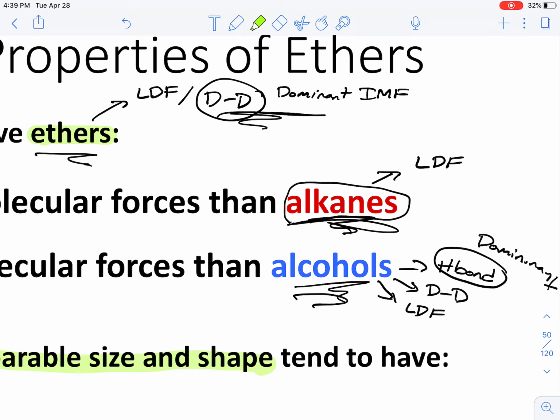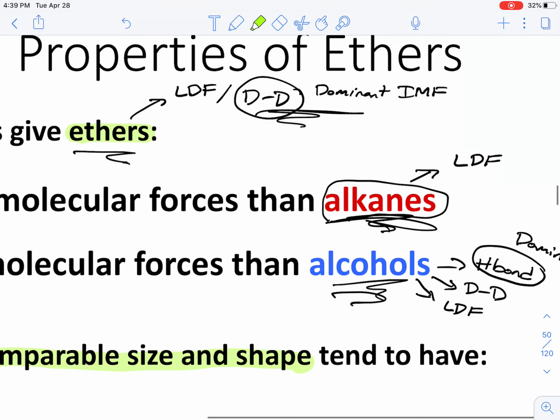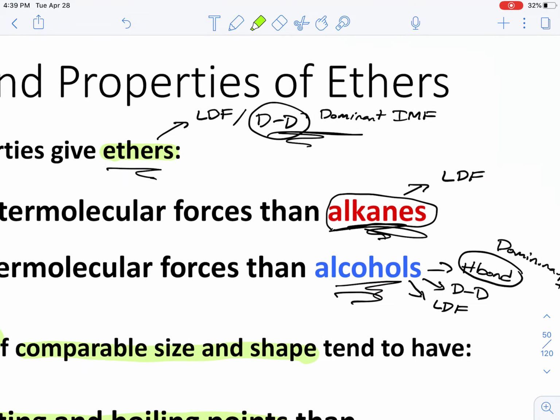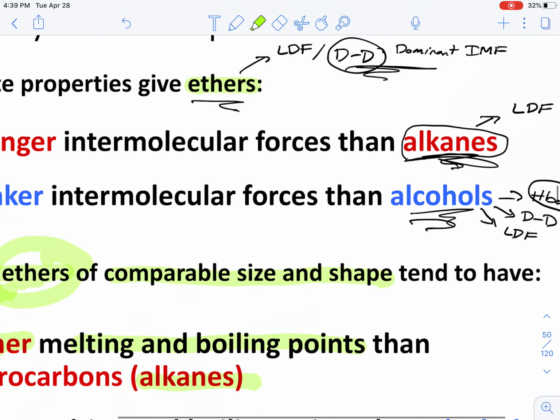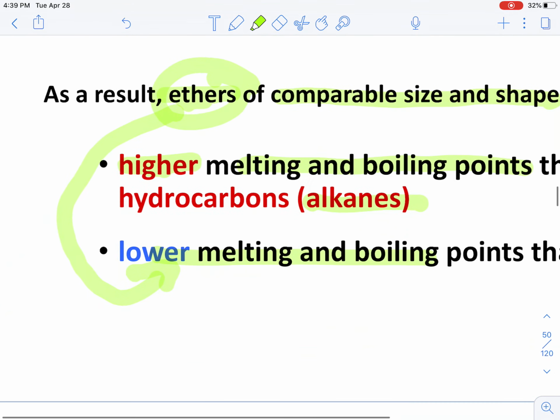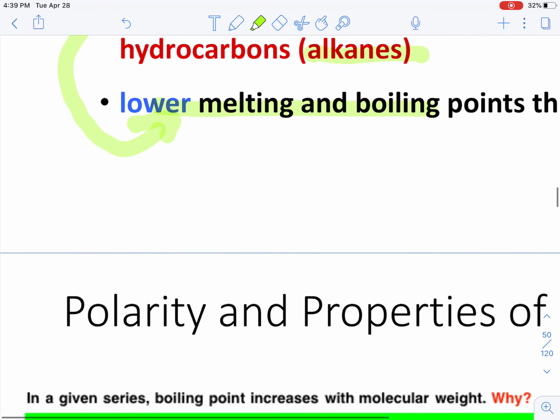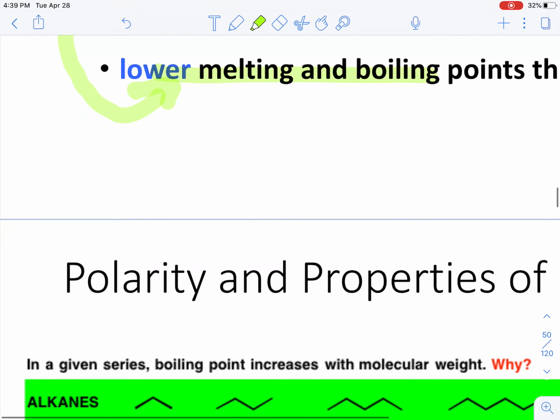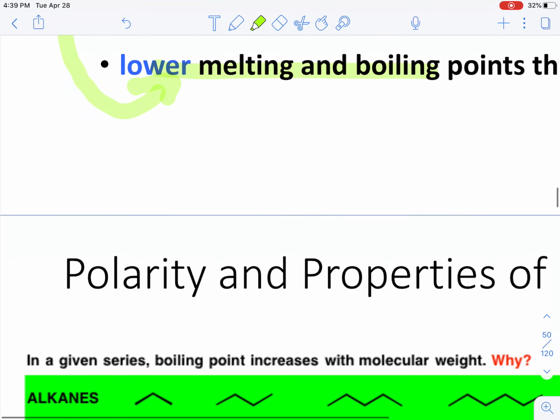And in terms of physical properties, that's going to translate into a higher melting point and higher boiling point, compared to magnets that you can easily separate, that don't require a lot of energy. And so typically, substances with very weak intermolecular forces are expected to have a lower melting point and a lower boiling point.